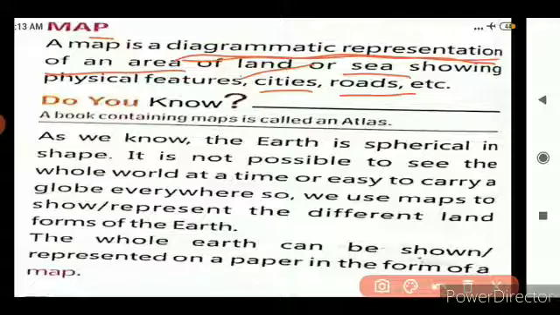Next one is also new for you. Atlas. What is atlas? A book containing maps. It is similar to a book, but a book that consists of maps is called an atlas.